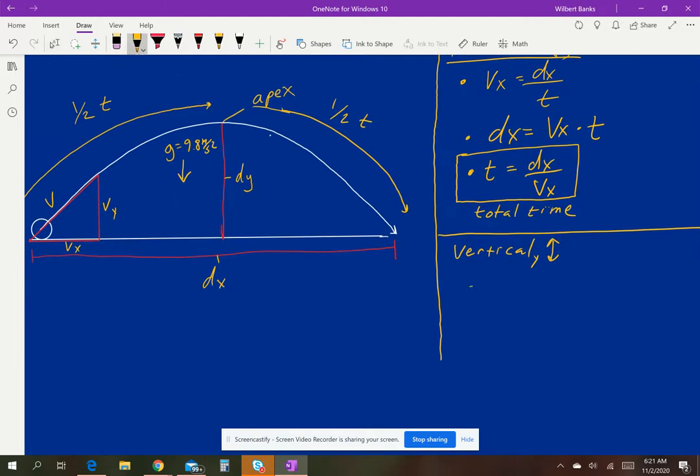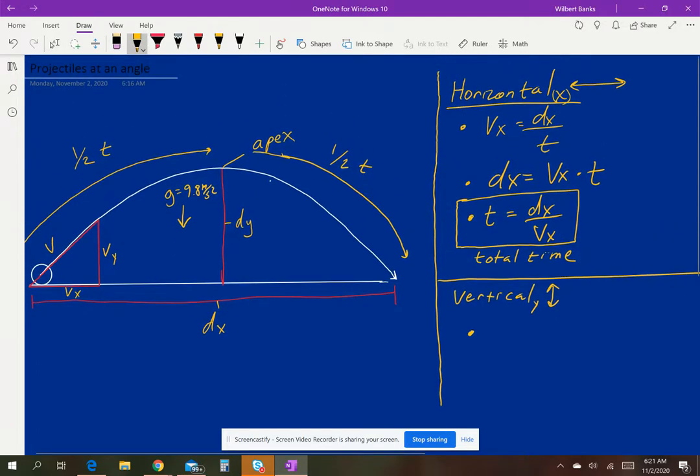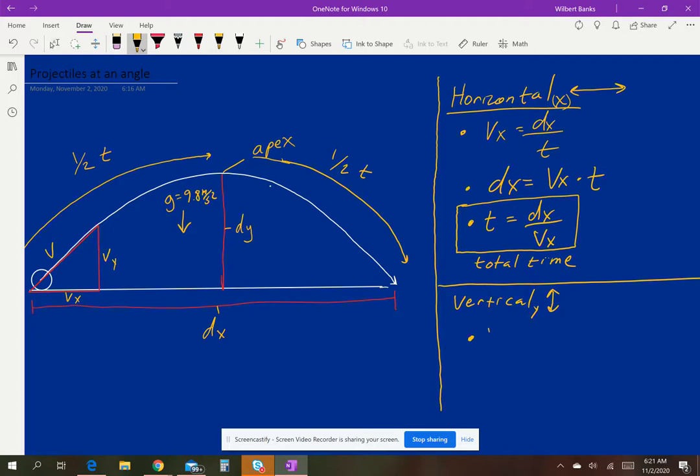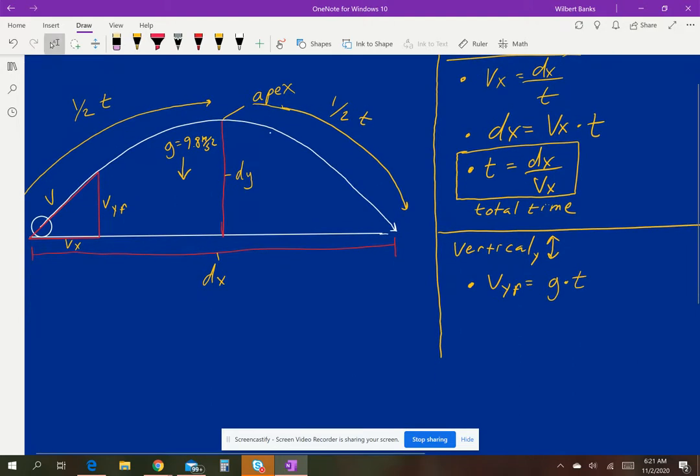And the equations we have for vertical, the first one is Vy final, so it's the same as this one right here, and that equals g times t. And then we want to figure out dy, and that equals 1/2 g t squared.